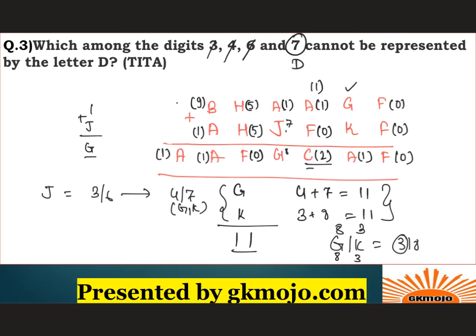Because in this case also, 7 was taken by either G or K. In the other case, if G is 8, J equals 7. So 7 is either way taken by J or G or K in both cases. Hence it cannot be represented by D, and that's the correct answer. So you should fill in the theta box as 7.